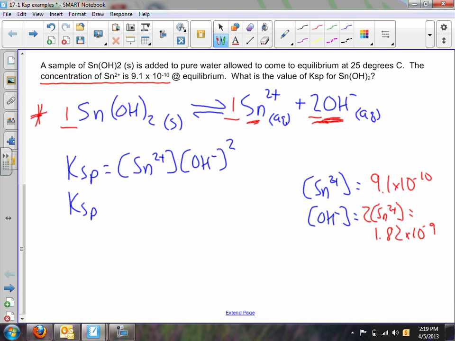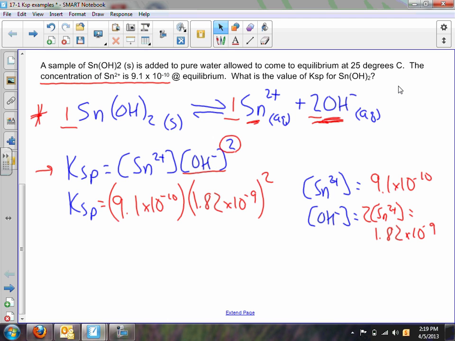Once I know that, I just plug those numbers into the KSP expression. Tin, we said, was 9.1 times 10 to the negative 10. Hydroxide is 1.82 times 10 to the negative 9. However, the equation says take whatever the hydroxide is and square it. So I just doubled it to find the hydroxide.